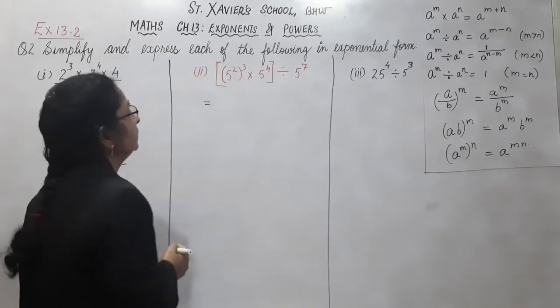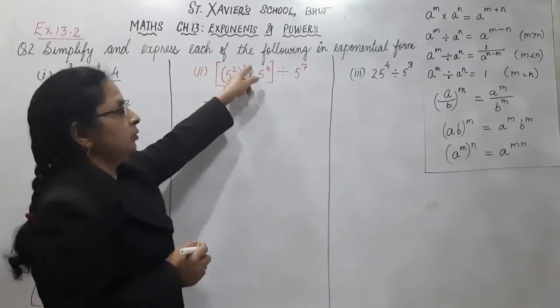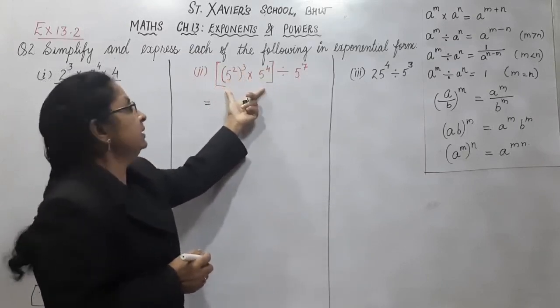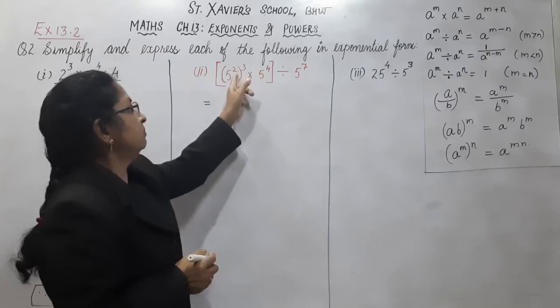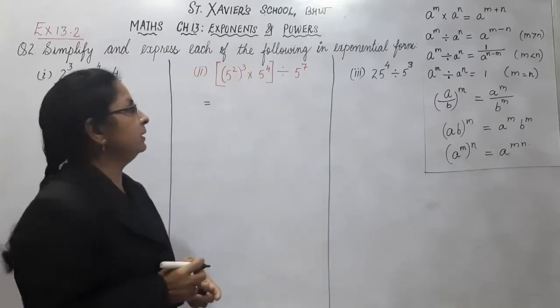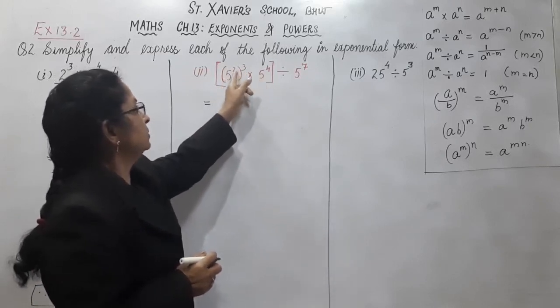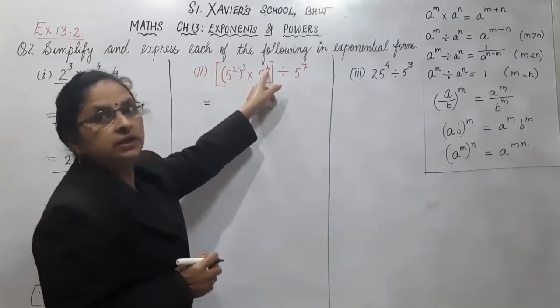Second question, (5 square) all cube into 5 raised to 4. First we have to solve the bracket. Out of that, this power of power we have to multiply. So 2 3s are 6. Base is the same. So 6 plus 4 is 10.